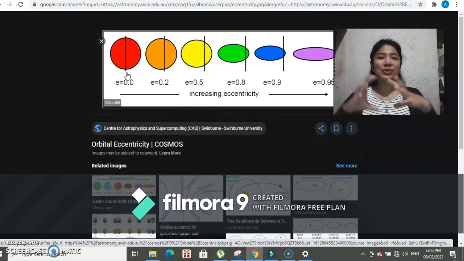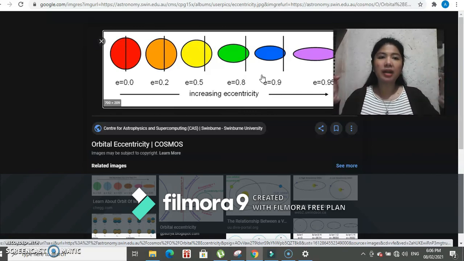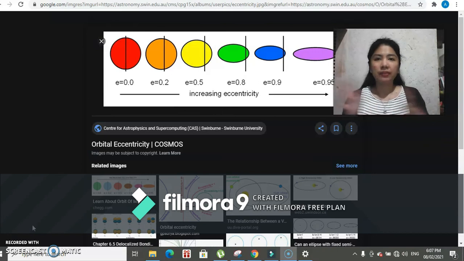And as the ellipse gets narrower, the eccentricity increases, and the directrix is moving farther away from the center. So this is how it looks when our eccentricity increases. The higher the eccentricity, the longer and narrower the ellipse is. The difference between the length of the major axis and the minor axis increases.